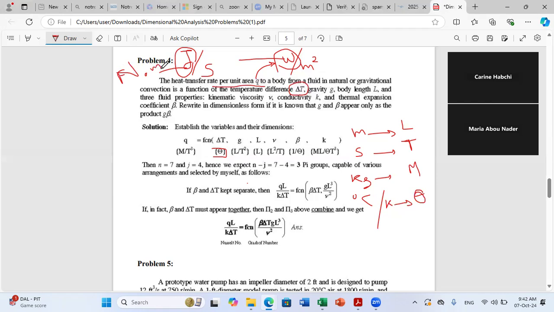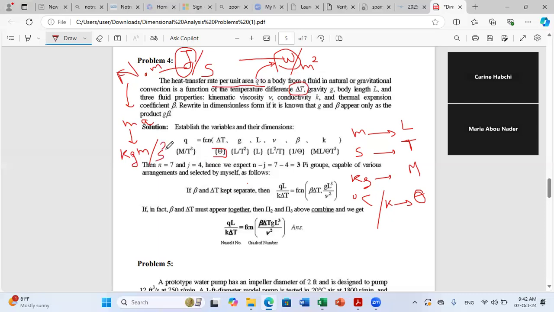And we know already that Newton is the unit of a force, mass times acceleration. So Newton can be converted to kilogram times meter per second square.